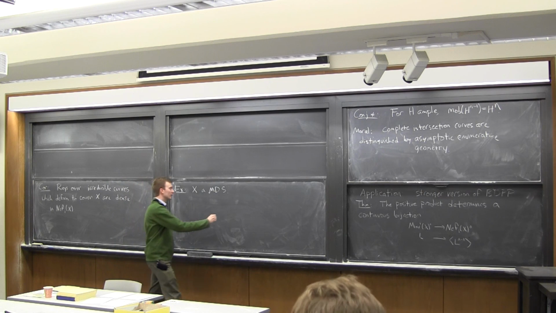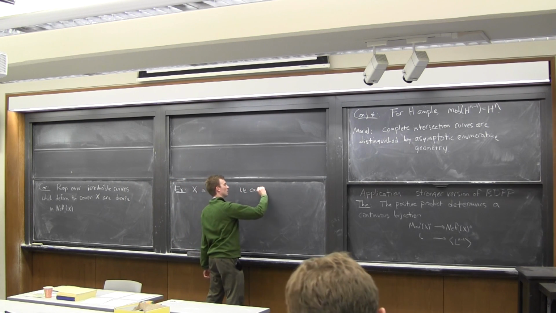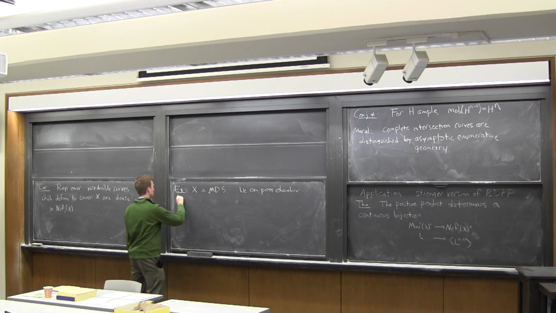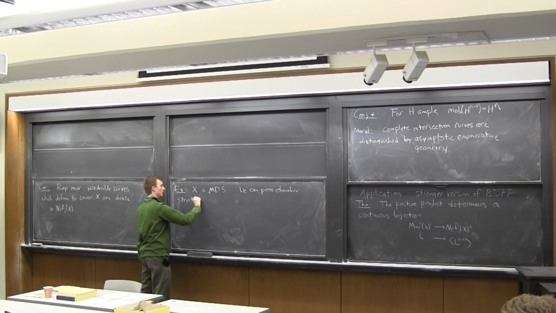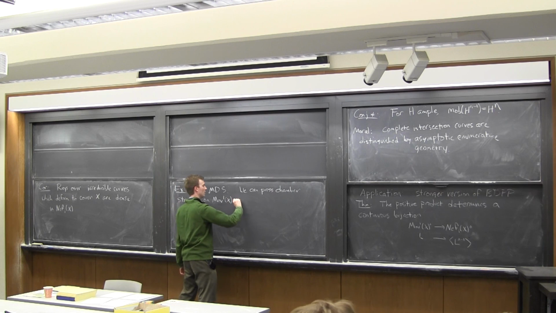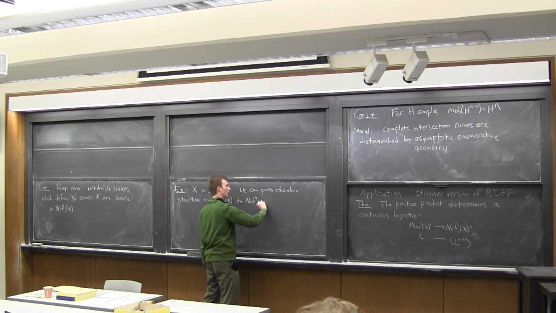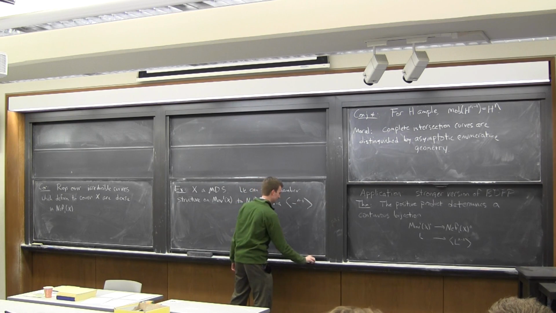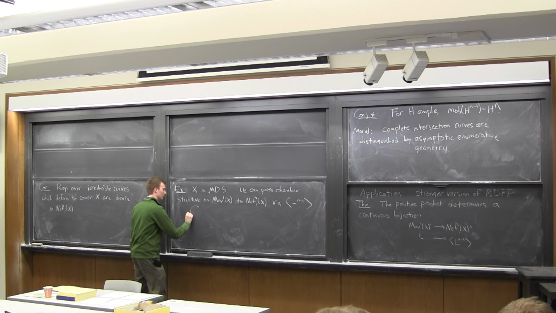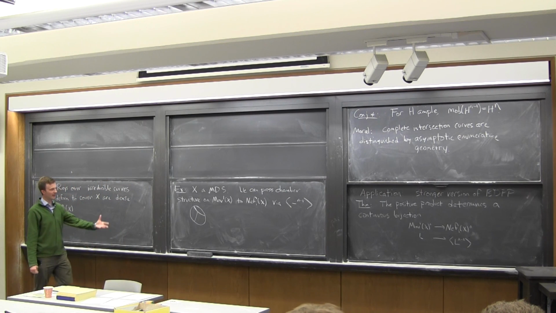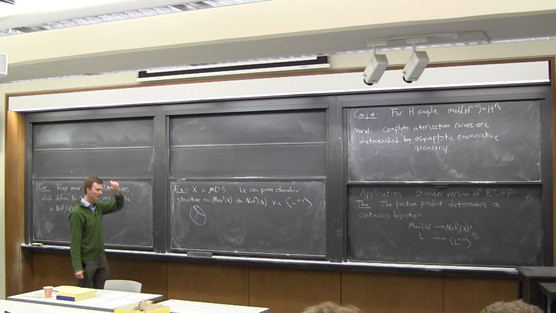Then we can pass the chamber structure on the movable cone of divisors to the Nef cone of curves via this positive product. Right? So the movable cone of divisors has some natural chamber structure, which again everyone here is familiar with.